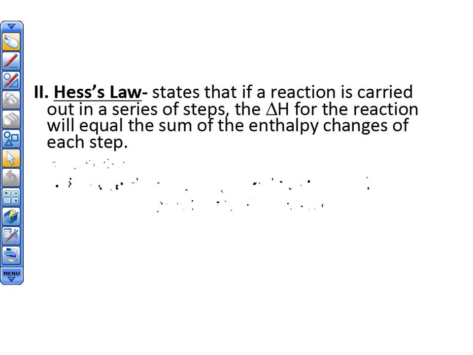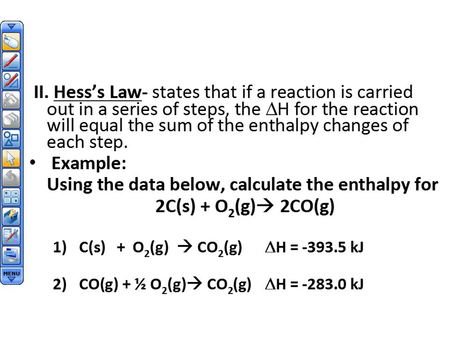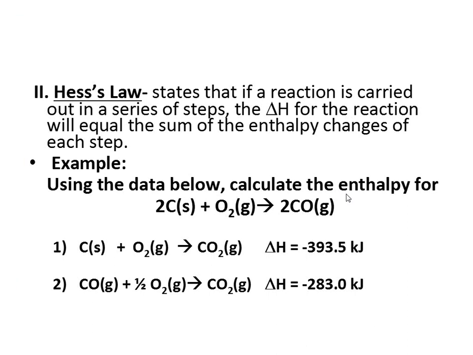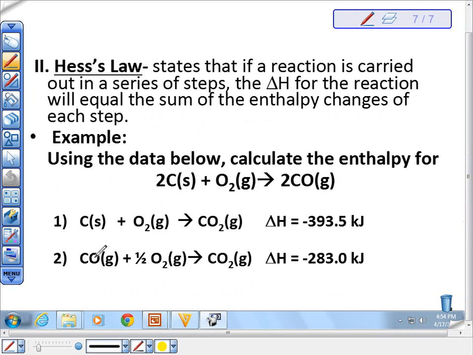What makes Hess's law unique is that you sometimes are given the reactions, but they're not in the right order. So if we were using this data below here, and we were trying to get this overall reaction of 2 carbons plus an oxygen makes 2 carbon monoxides, and we were given the 2 equations below here, these 2 equations need to add up and equal this equation here.